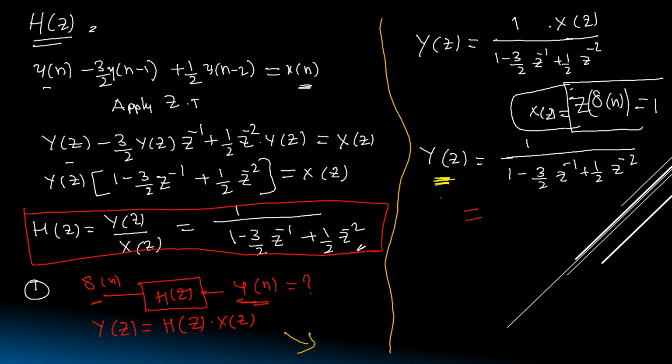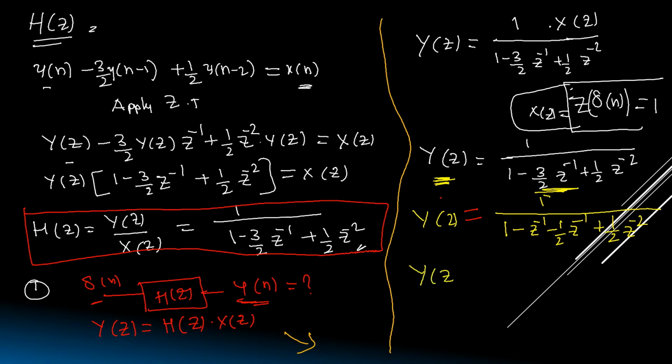So how to simplify this? I'll write Y(z) = 1 / (1 - z^-1 - 1/2 z^-1, that is minus 1 minus 1/2, which is minus 3/2 z^-1. I have written this term. The remaining is plus 1/2 z^-2.